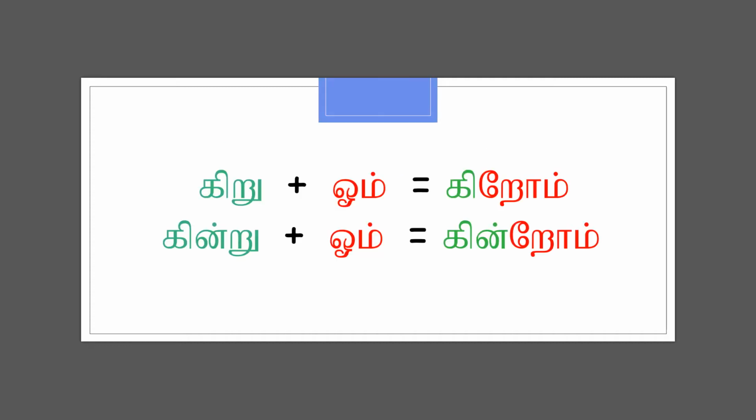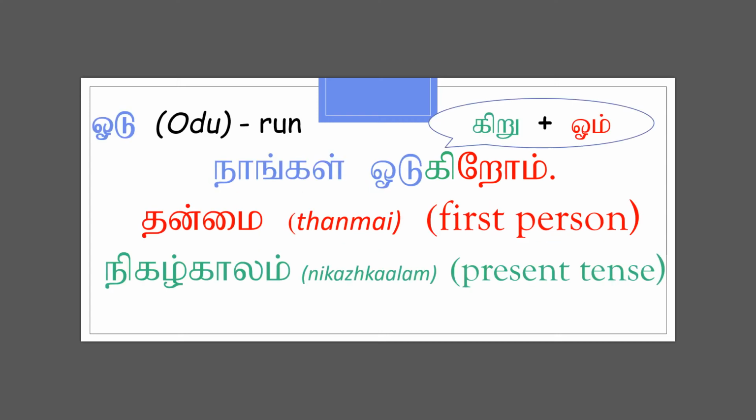The suffix changes to "om" to denote first person plural. We say "கிரோம்" or கின்றோம் to denote first person plural present tense. For example, நாங்கள் ஓடுகிறோம் is we are running.